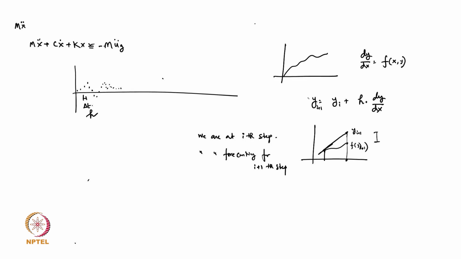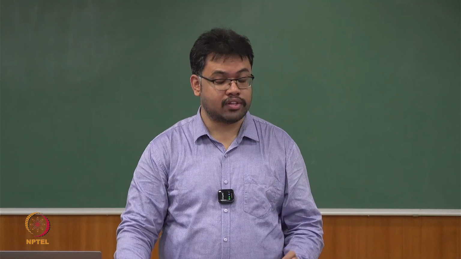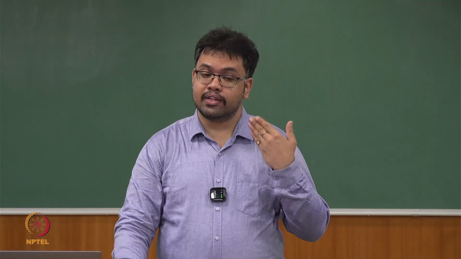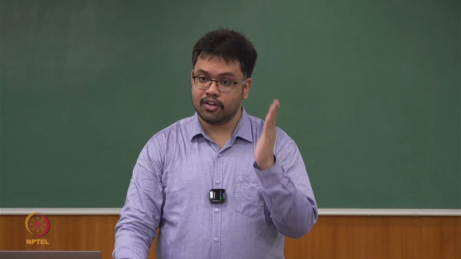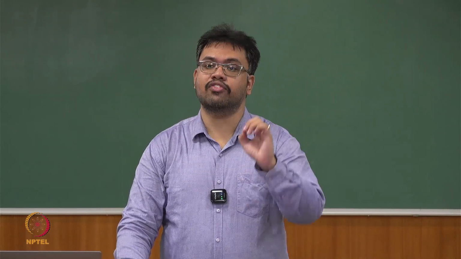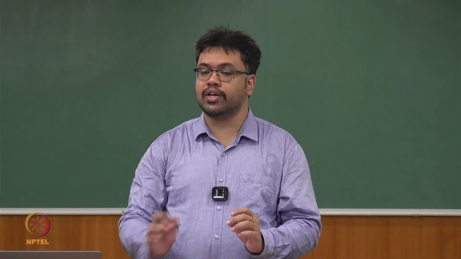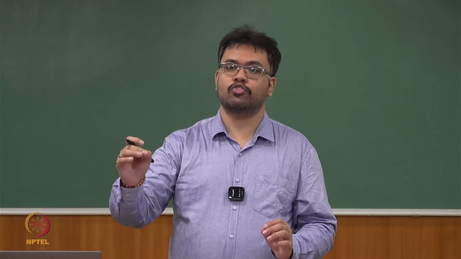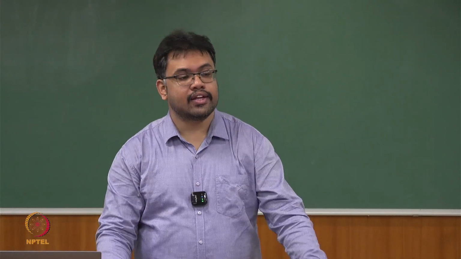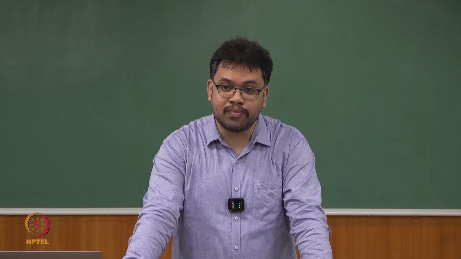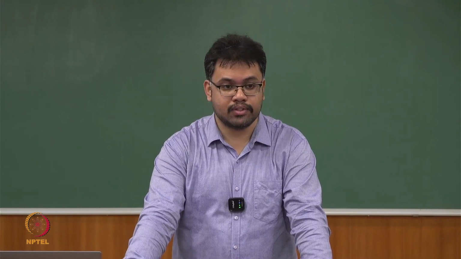Get that point? We have no information about I plus 1th step. None of the states are known for I plus 1th. We have the displacement data of the ith step and also the velocity data for the ith step, and from that too we are proposing what should be for the I plus 1th step, and that thing is known as explicit scheme.